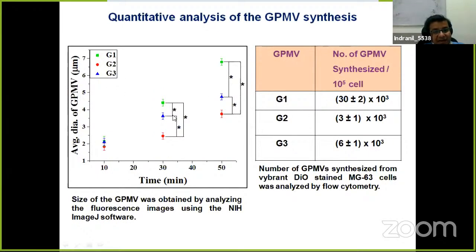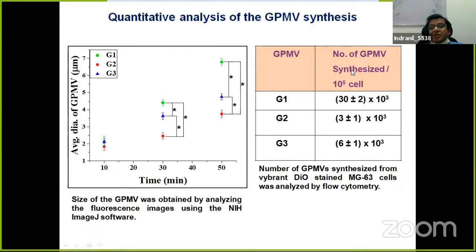We find that at the beginning, at 10 minutes, there is not much difference in the diameter of the GPMB generated from all 3 kinds of cells. But as the time increases, some differences start coming. We find that the native GPMB, generated from the cells in the native state, has the biggest size in comparison to the other 2.